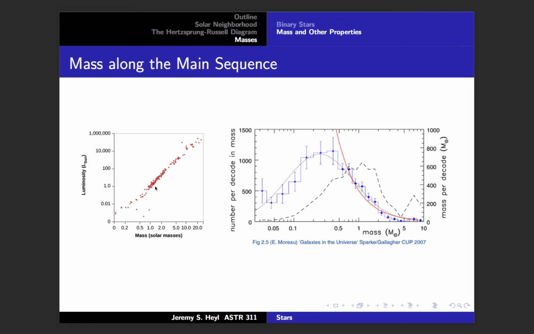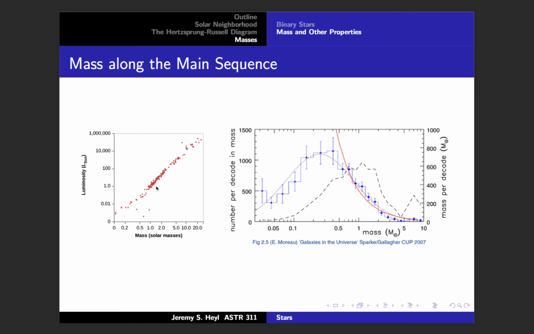That makes sense. But stars that are more massive, as we go up towards 20 solar masses, their luminosity goes up by a factor of 1,000,000. So the mass of the star went up by 20, but the luminosity goes up by 1,000,000. And as we go to less massive stars, they become much, much more faint, right?